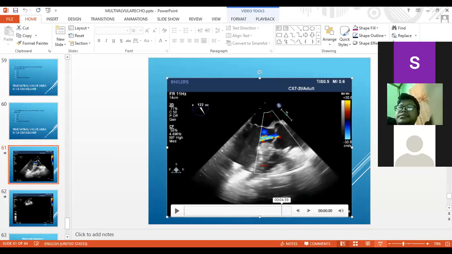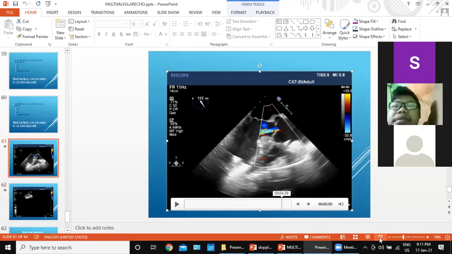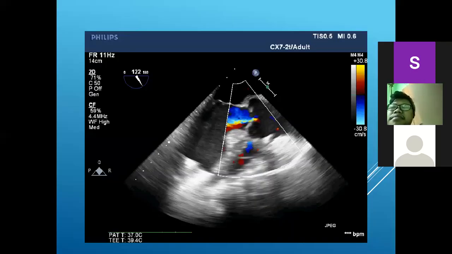What is this lesion? Which is the valve? Quantify the valve and let me know what the sense of it is. Unmute yourself. Let everybody give an opinion.